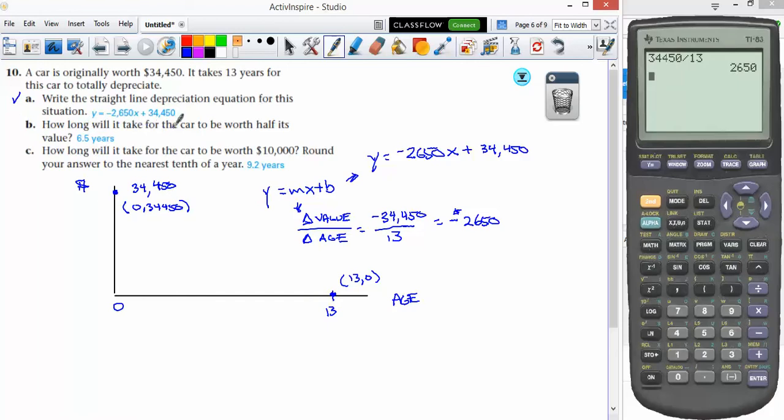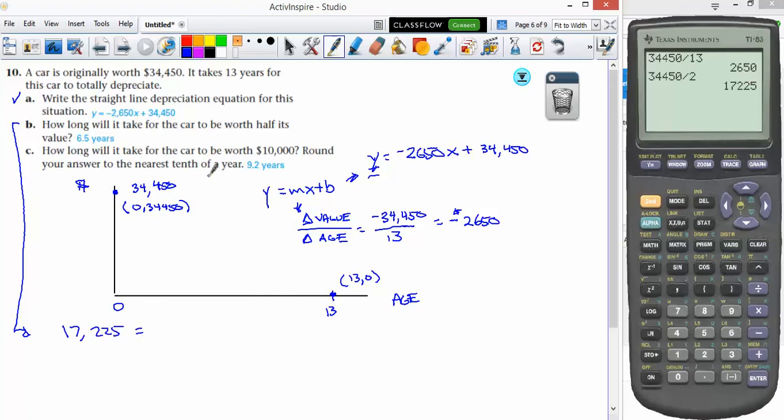How long will it take for the car to be worth half of its value? Okay, so to answer B, we're going to travel down here, and y is the value of the car at any given point in time. So what we're going to do is take half that value, 34,450, and divide it in half, 17,225.